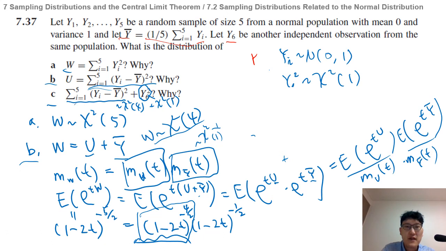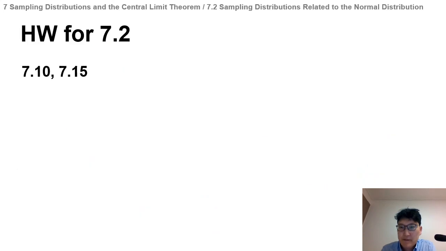So the sum of these two will follow a chi-square distribution with 5 degrees of freedom. Okay, this is the proof for exercise 7.37. Let's move on. The homework for 7.2 is 7.10 and 7.15.